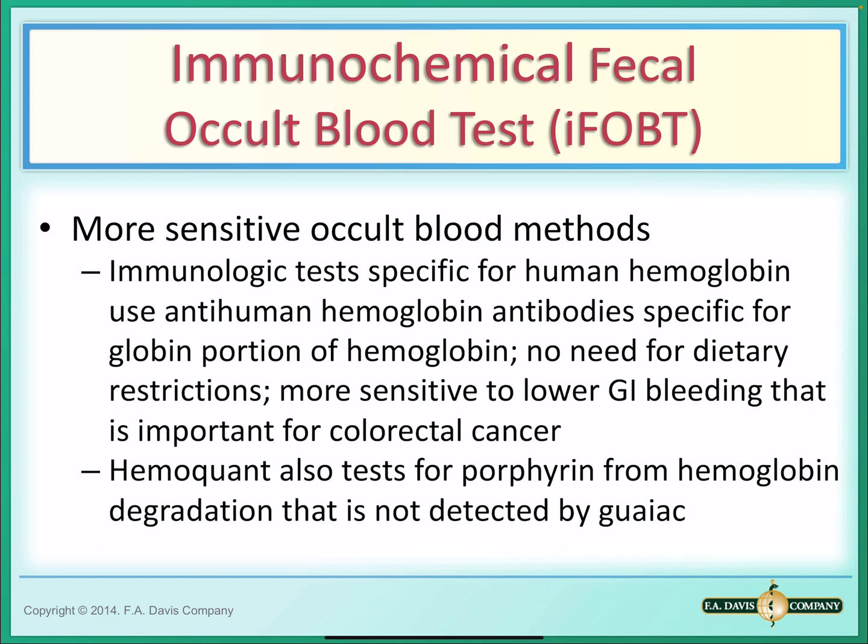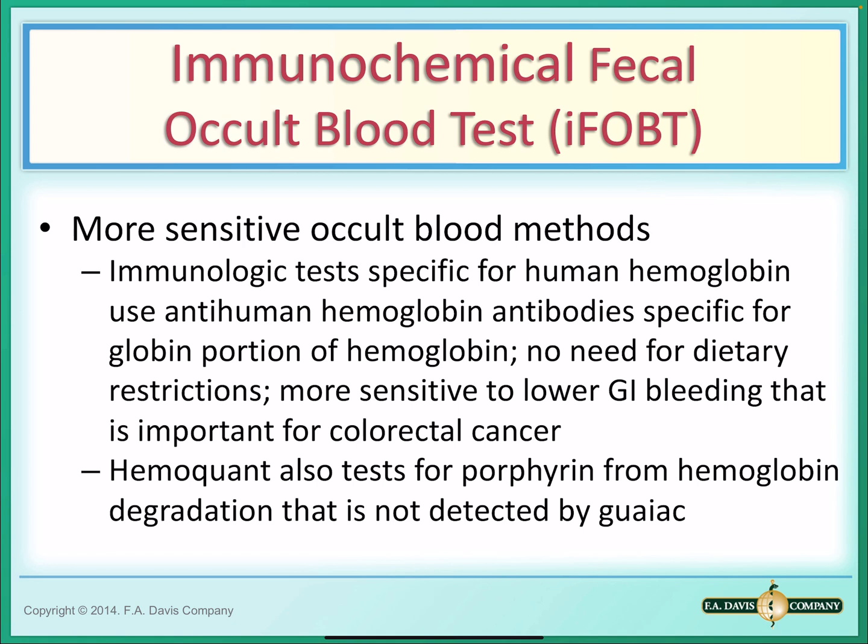Okay, so there are more sensitive occult blood tests. The immunochemical fecal occult blood test, IFOBT, is specific for the globin portion of the human hemoglobin and uses polyclonal anti-human hemoglobin antibodies. Because this method is specific for human blood in feces, it does not require dietary or drug restrictions.